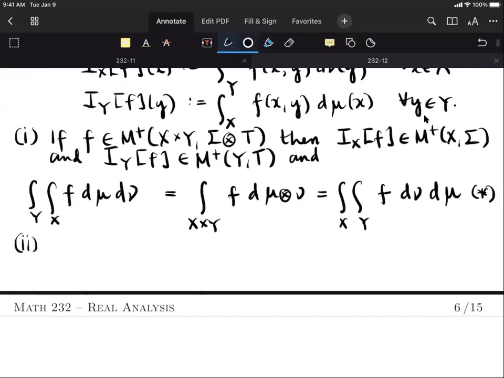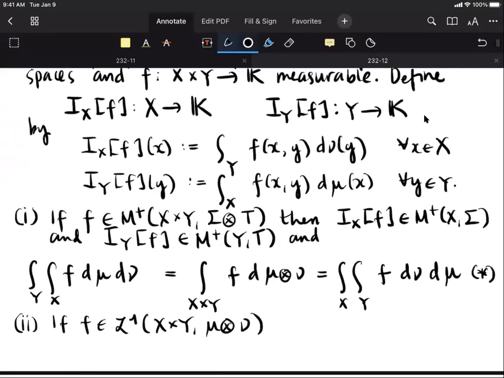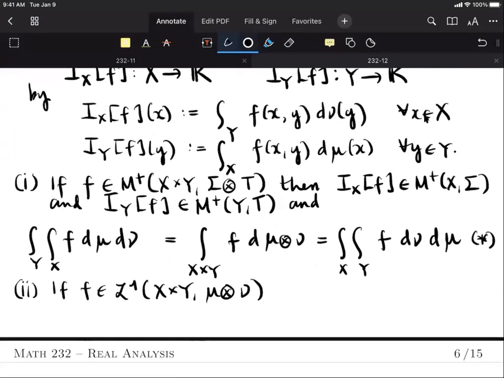Now, for the second case, let's say f is Lebesgue integrable, where again K here is either the set of non-extended real numbers, the real numbers, or the complex numbers.